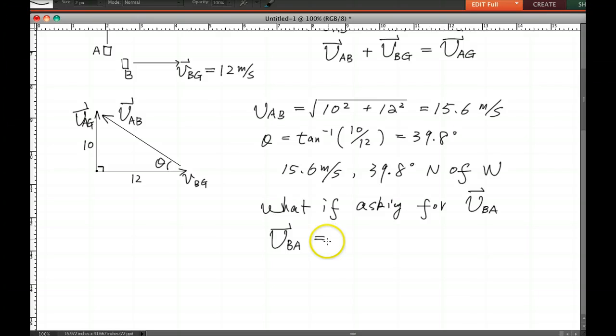Yes, Jeffrey. So can you tell me what's the result? VBA, B relative to A. Pardon me? 15.6. 15.6. What's the direction? South of east.